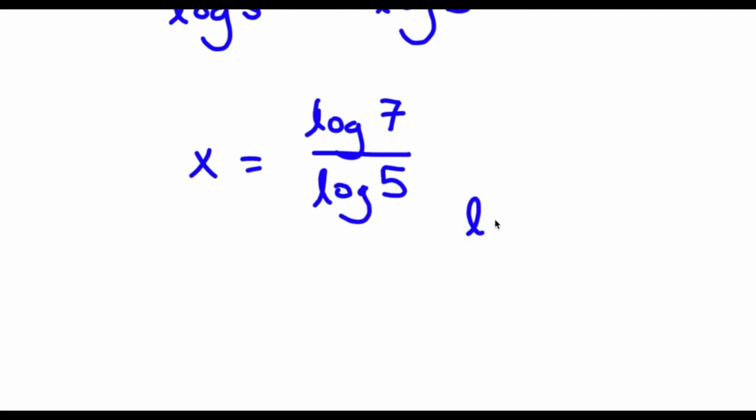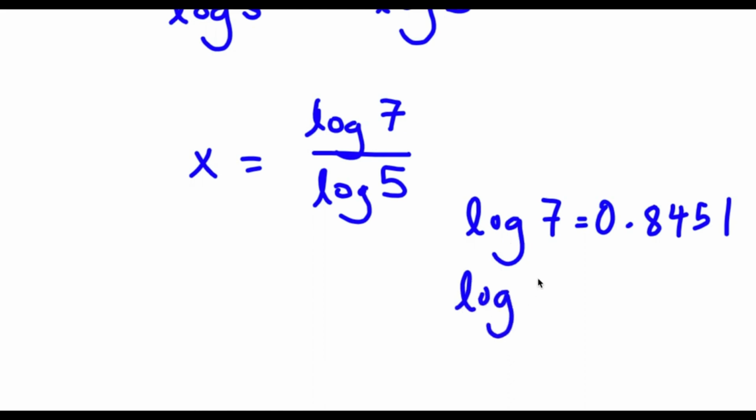Now, log 7 is equal to 0.8451. And log 5 is equal to 0.6990.